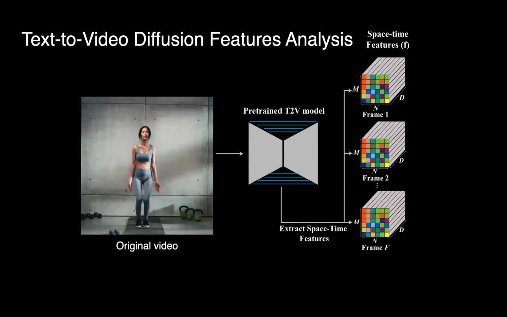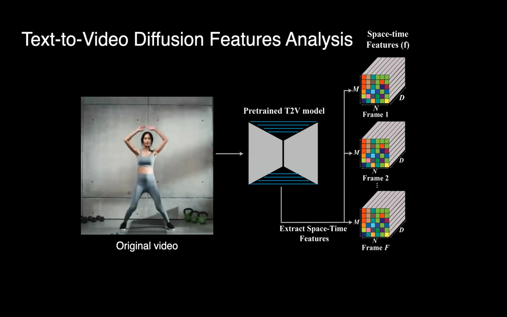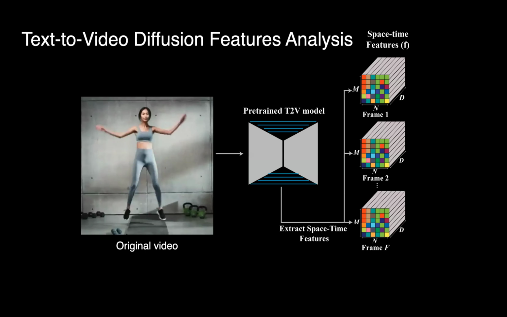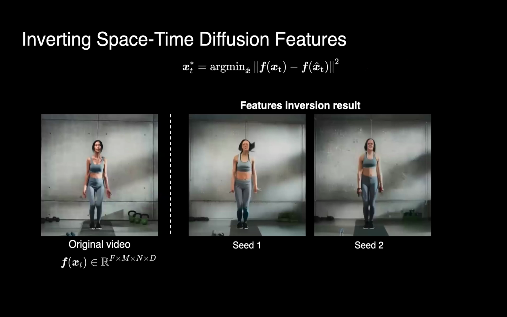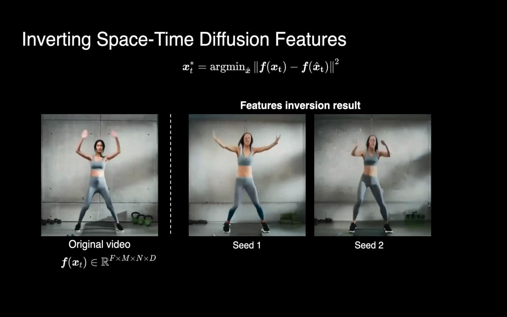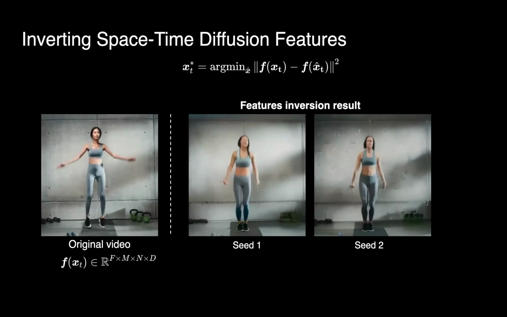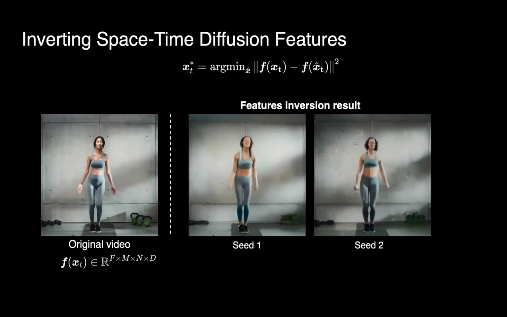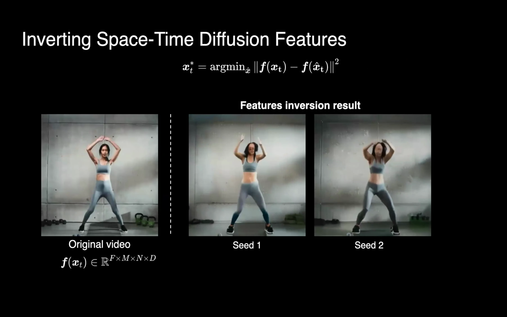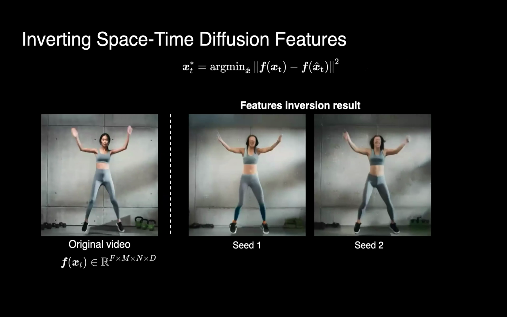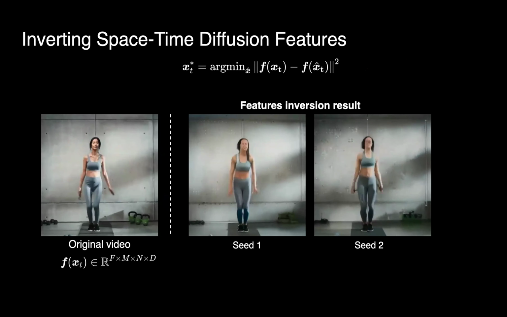So in our case, we took this video of a woman performing jumping jacks. We inverted it into the model, extracted features, and now our goal is to solve for a new video such that when we feed it into the diffusion model, it will give rise to the same space-time features. And you could do that using guidance, where you optimize for xt at each given diffusion sampling step. And here you can see the feature inversion results across different seeds.